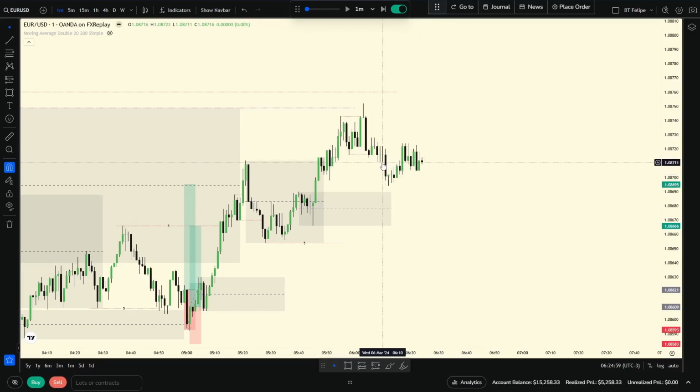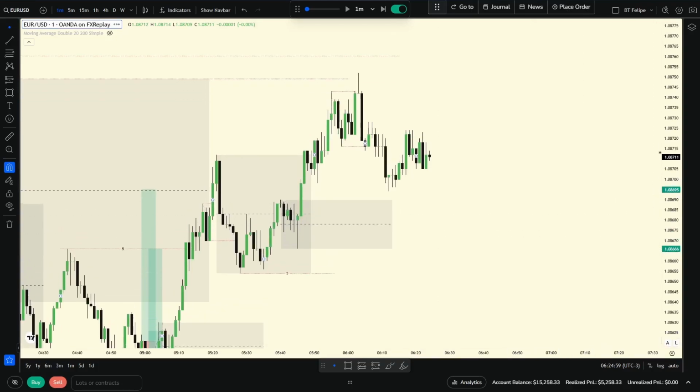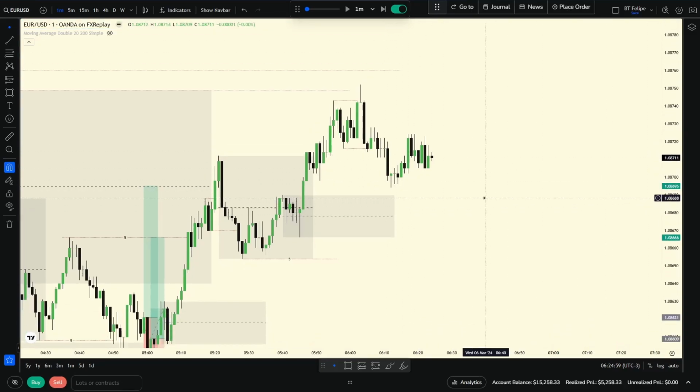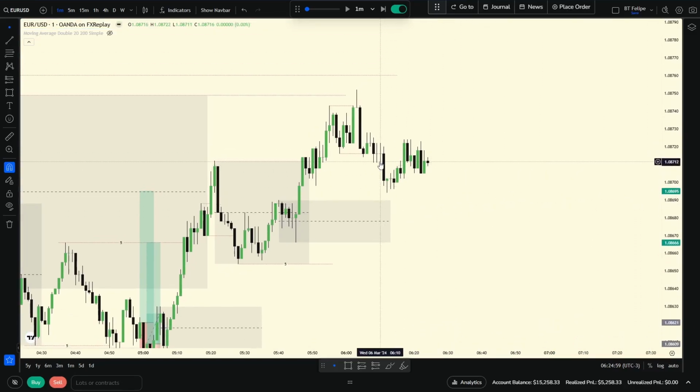These candles have no body. I know it's a doji, but this candle usually doesn't have a body on M5, so I just ignore these candles. The manipulation would be here.